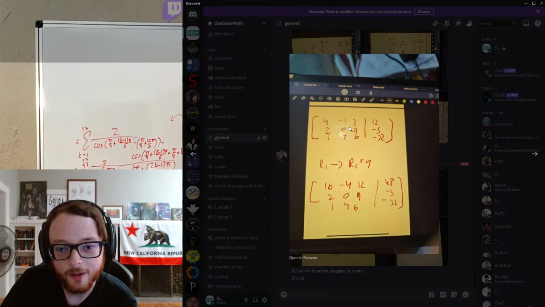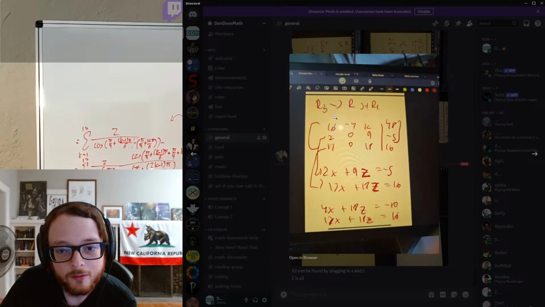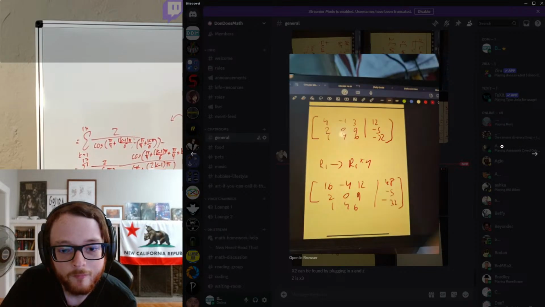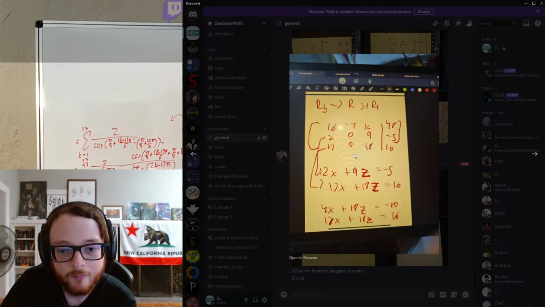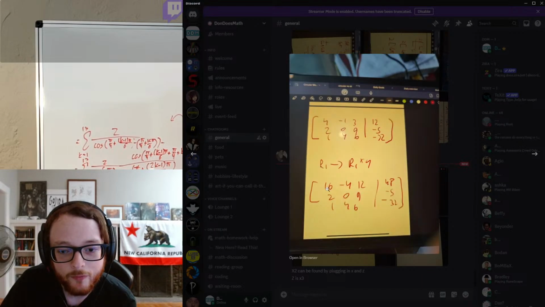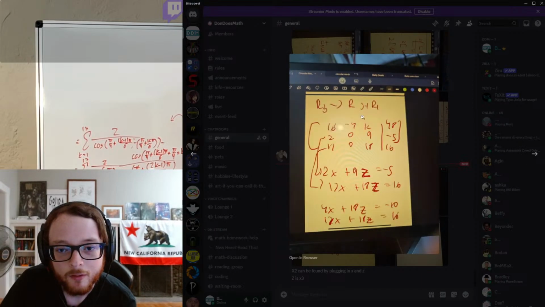Multiplying R1 by 4? Why would you do that? Let's see where this goes. And then what's happening? Is that supposed to be a 3?